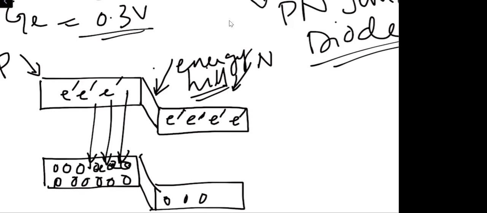So this energy hill is created, and it cannot be crossed unless we provide some force to it. How we will do it, we will see in the next lecture, when we provide some biasing.